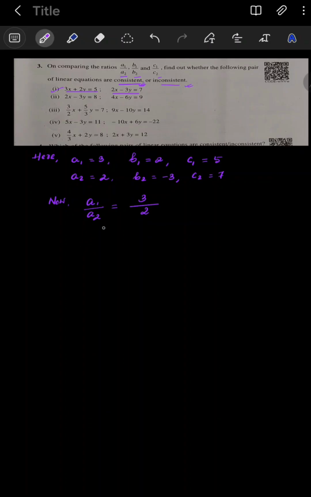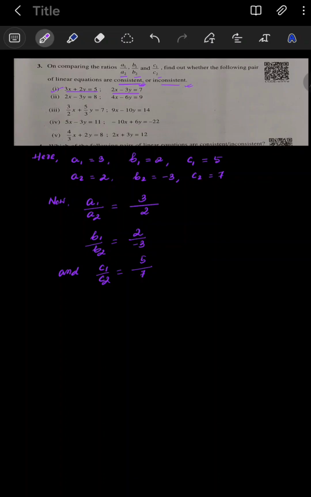The next ratio is b1 by b2, where b1 is 2 and b2 is minus 3. And the last ratio is c1 by c2, where c1 is 5 and c2 is 7.